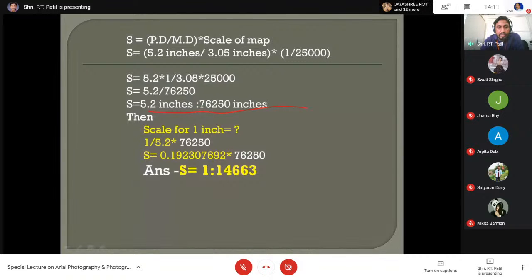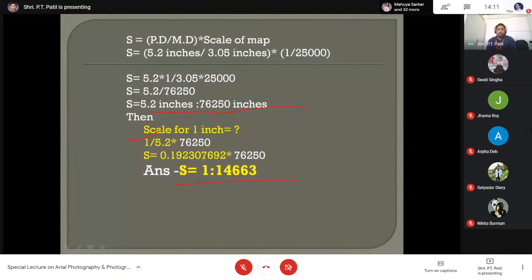For 5.2, 76,000 is there. Then for 1 inch, what is the scale? By performing these simple steps, 1 divided by 5.2 multiplied by 76,000, we get the scale for 1 inch. For 1 inch, 14,663 inch is the distance on the ground, and this is the scale of the map.